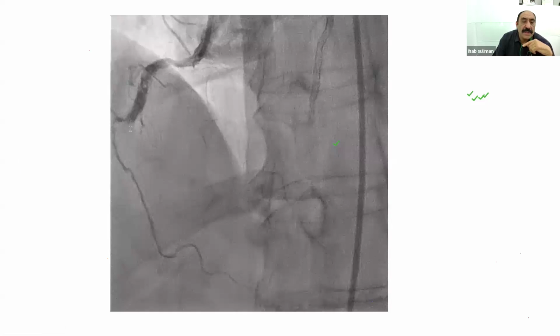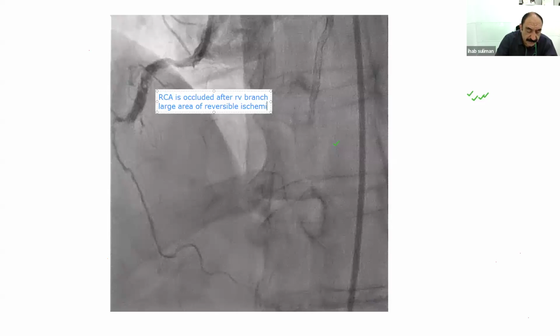So this is called the RCA. It is occluded after the RV branch. And this is the cause of a large area of reversible ischemia of the inferior wall.